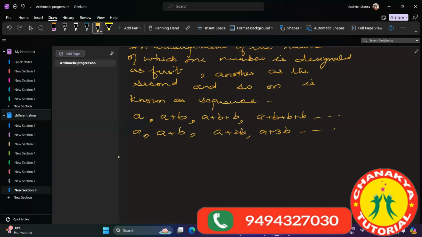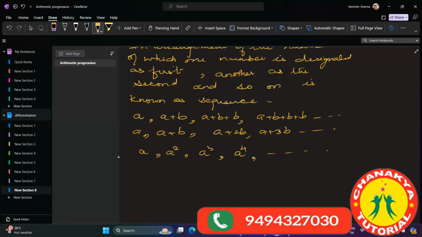Now if you are given this pattern: A square, and then A cube, A raised to the power 4, this is also a pattern, right? So in your logical reasoning, these type of questions come: find the 17th term, find the 20th term. So these are sequences.